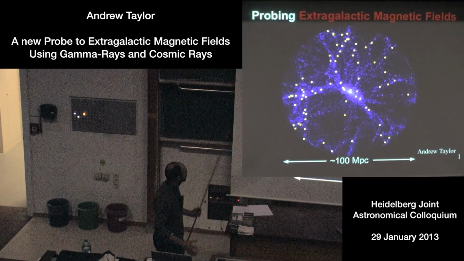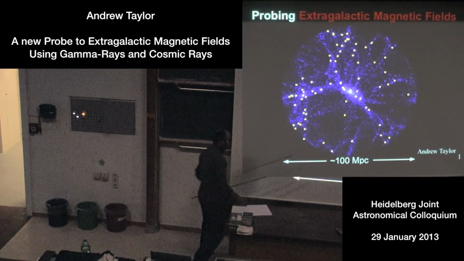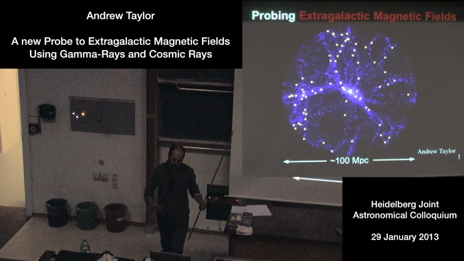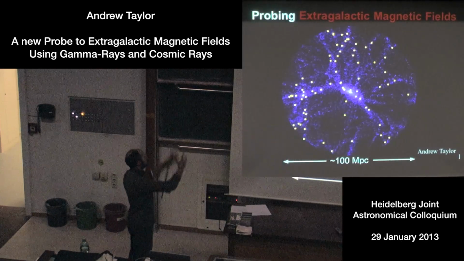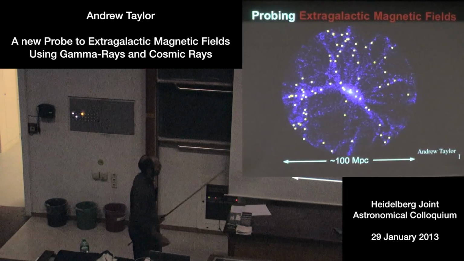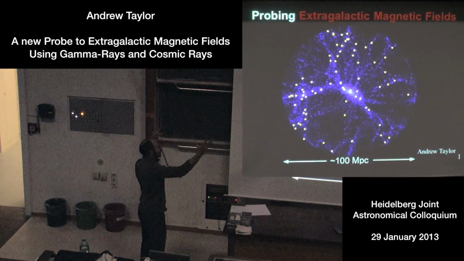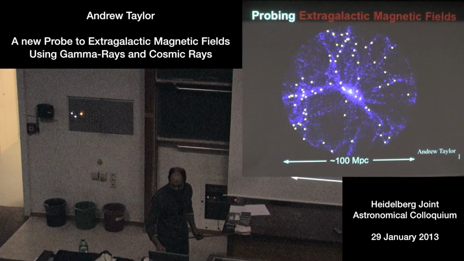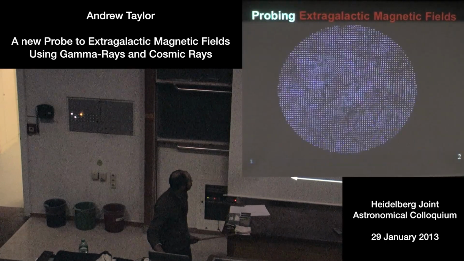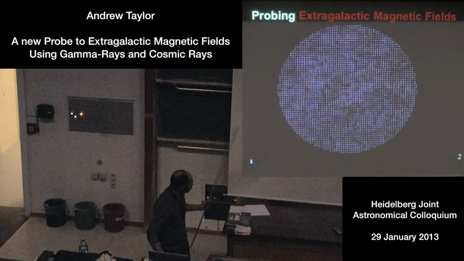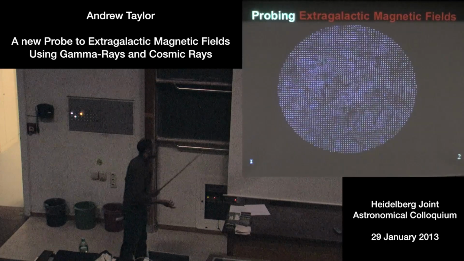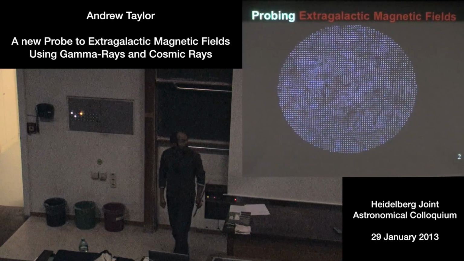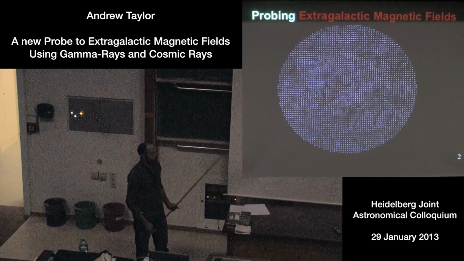This is a cluster region, 100 megaparsecs across, because the universe is homogeneous on these larger scales. The simulation was started from conditions for the matter distribution with very mild density fluctuations.